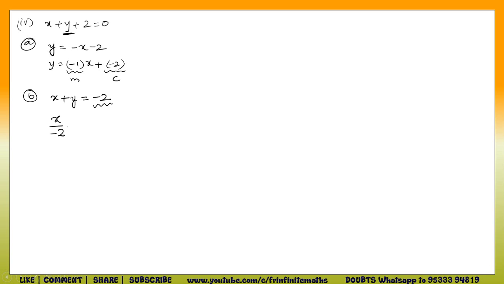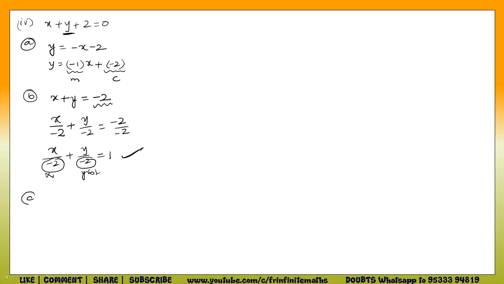So this becomes x by minus 2 plus y by minus 2 is equal to minus 2 by minus 2. This gives me x by minus 2 plus y by minus 2 is equal to 1. Here this minus 2 is nothing but called as x intercept and this is called as y intercept. So this is nothing but my intercept form.